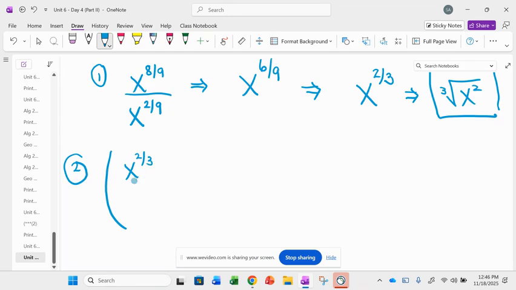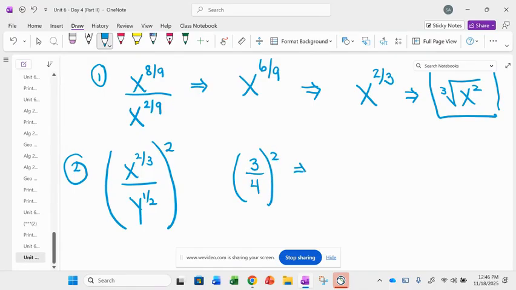X to the 2/3 over y to the half, all raised to the second power. Well, do we agree when a fraction is raised to an exponent, for example, if I have 3/4 and I raise it to the second power, this becomes 9 over 16. The numerator gets that exponent and the denominator gets that exponent.